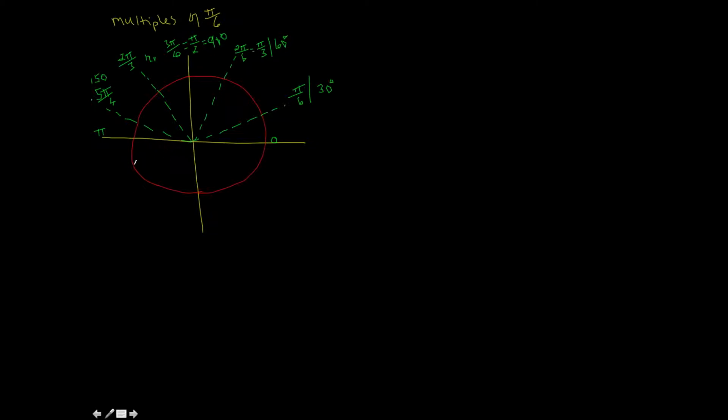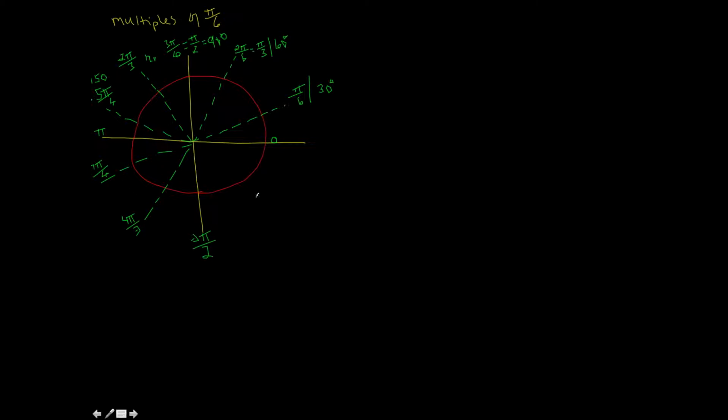Then we have another 30 degrees, another 30 degrees, and this is 6 pi over 6 right here at pi, so this is going to be 7 pi over 6. This is going to be 8 pi over 6, or 4 pi over 3 when it's reduced. We're reducing these, remember. This one is going to be 9 pi over 6, but 9 pi over 6 reduces to 3 pi over 2.